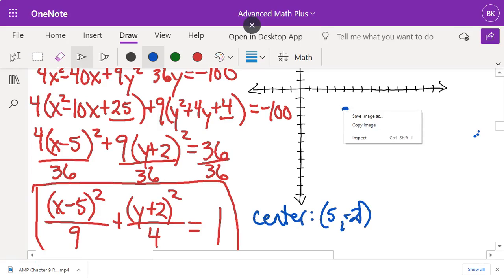Under your x will tell you how far you go left and right. So not 9, but 3, the square root of 9. Right and left from here I go 3. So 1, 2, 3 would be about right there, and 1, 2, 3 will be about right there. Under your y tells you up and down. So not 4, but 2. 1, 2, down 2.